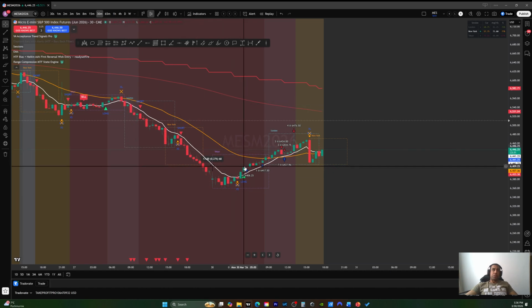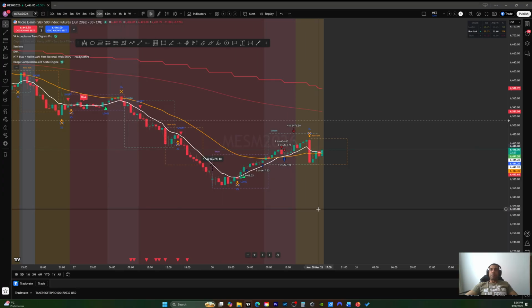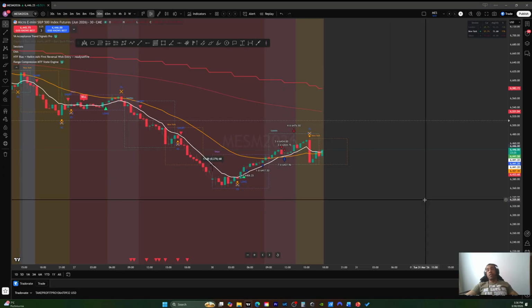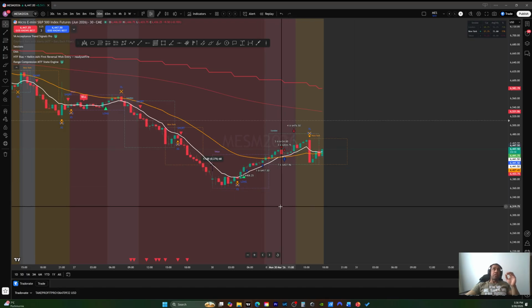This one was a lovely setup, a bunch of points. I hope that you are taking advantage of this, and trade with micros, because I have it set up for the 30-minute chart, and obviously the stop losses are a lot bigger, so you have to trade with a small size, and that's it.